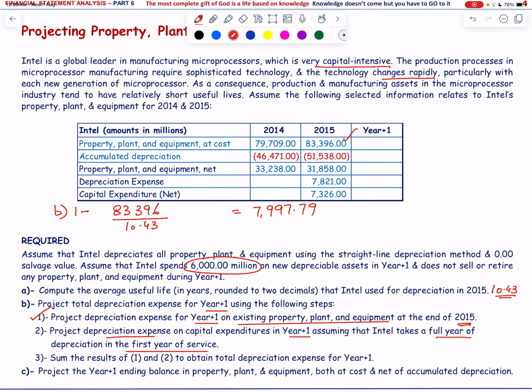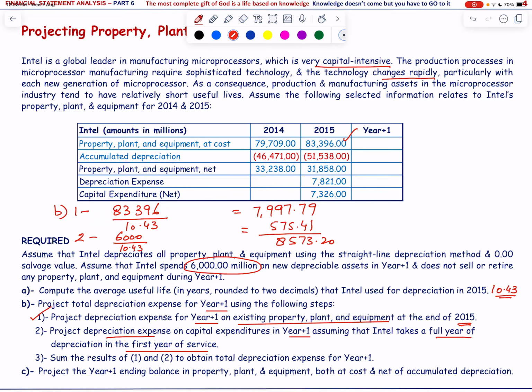So, for number 2, this will be 6,000 divided by, once again, 10.43. So this is equal to 575.41. So if we calculate the total depreciation will be 8,573.20.